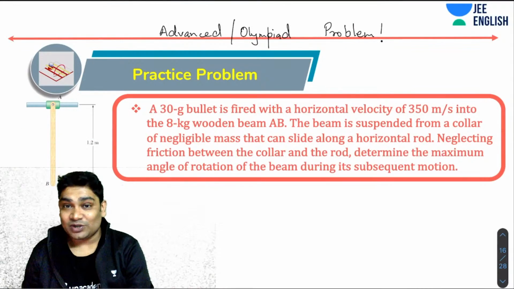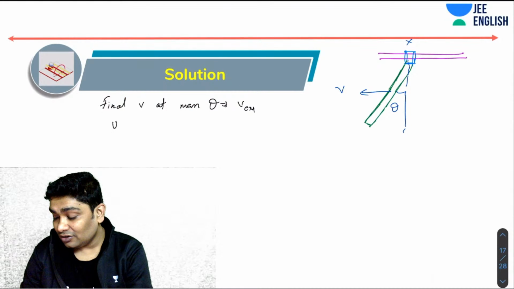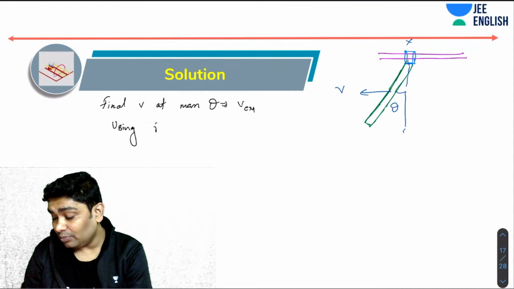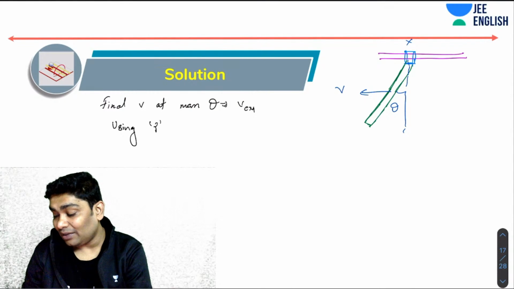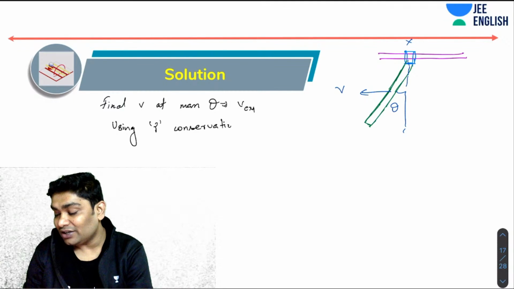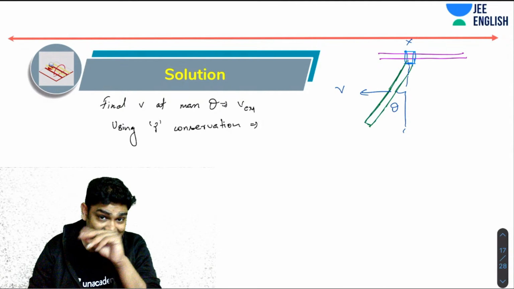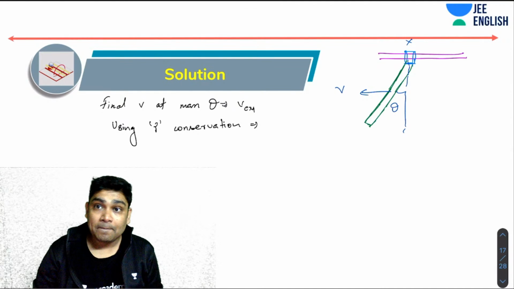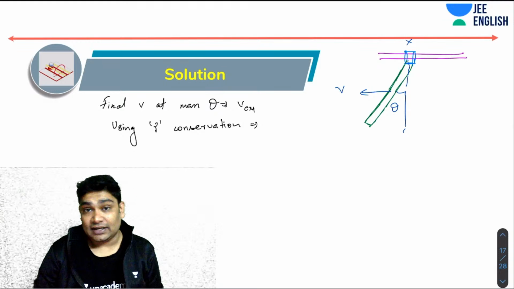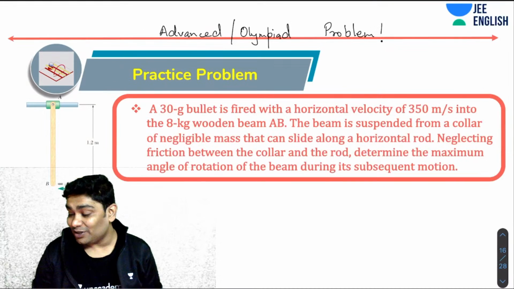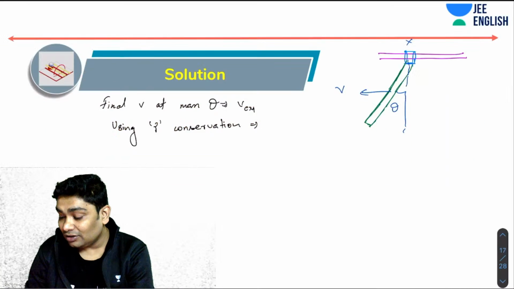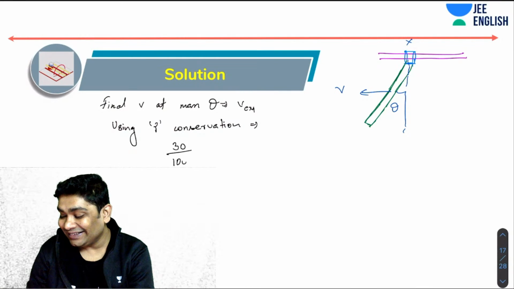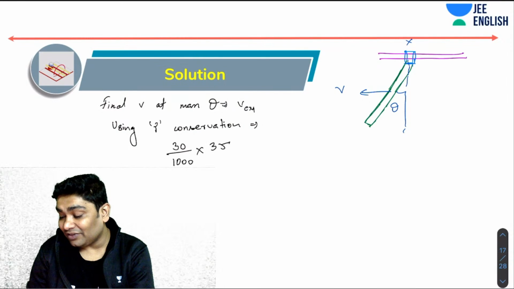Now, initially, using momentum conservation. Here I can apply momentum conservation. Why? This end A is not hinged, so there is no external impulse that will be received by this system in the x direction, right? So I can apply momentum conservation directly. I have a 30-gram bullet, so 30 over 1000 into 350. This is the initial momentum.